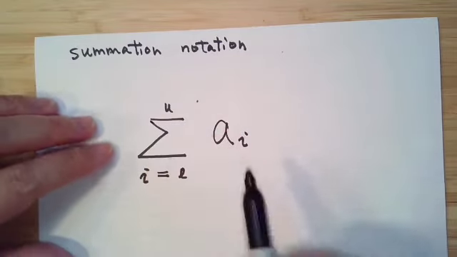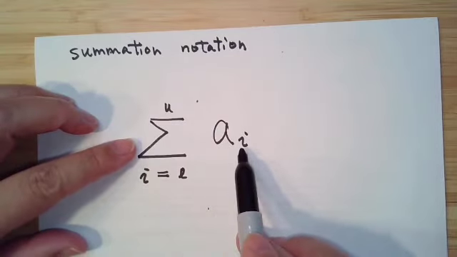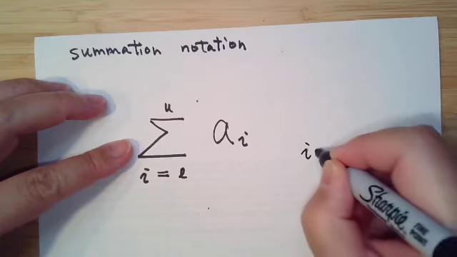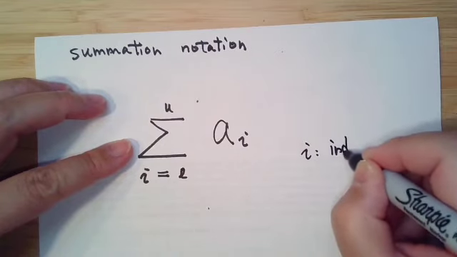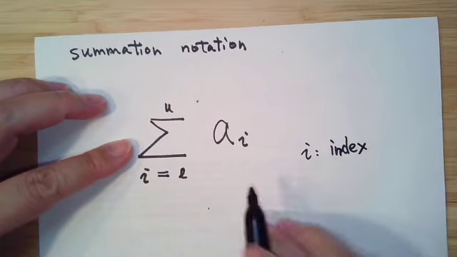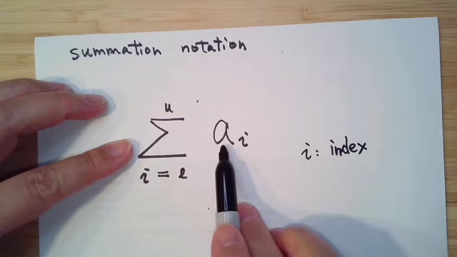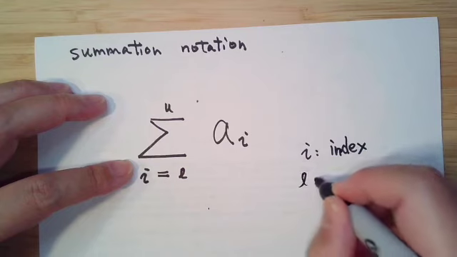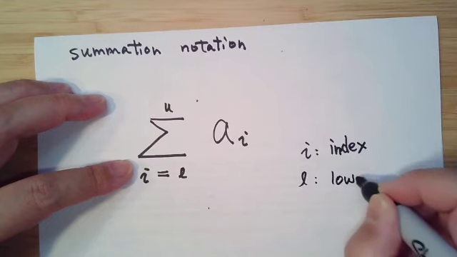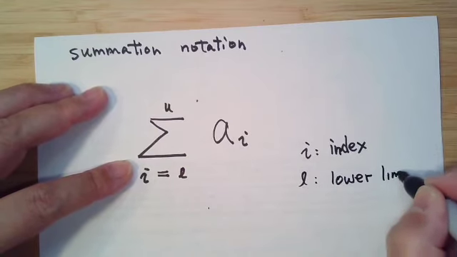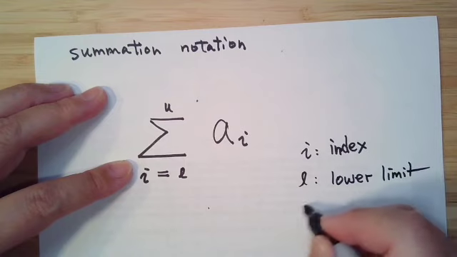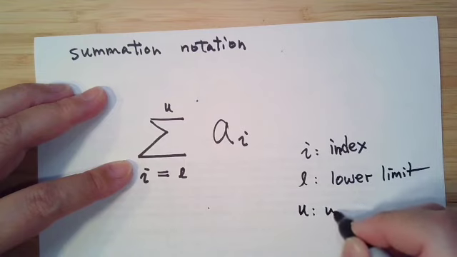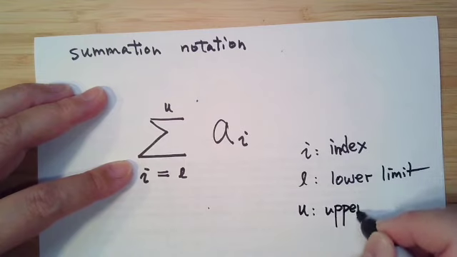When we read that, it will be the sum of a sub i, and I call this the index. This is the little index of the ith term, right? So that's the index. And this L, I call the lower limit. And U, I call the upper limit.